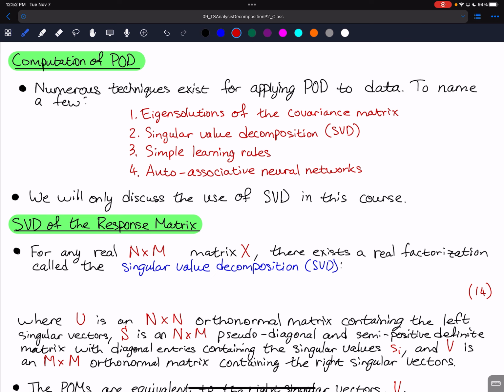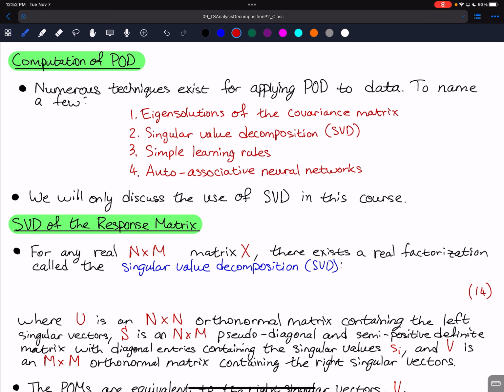So in our case, we're just going to use singular value decomposition, just because it is easy, and these days computers are powerful enough to handle most experimental data sets. Though there are times where you might run into memory issues. For example, I tried to compute one this morning, and it required like 132 gigabytes of RAM.